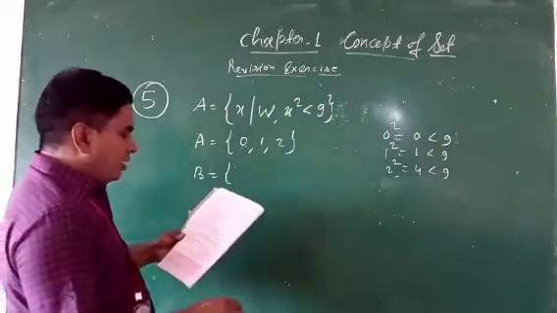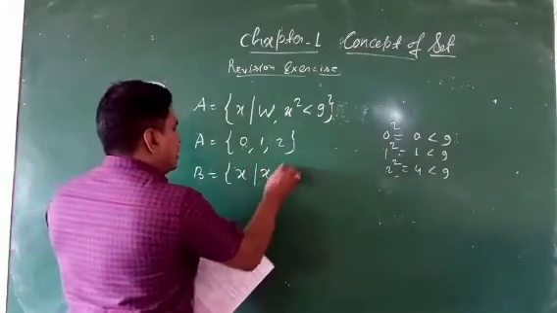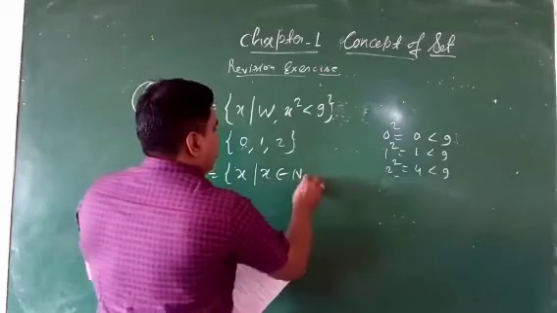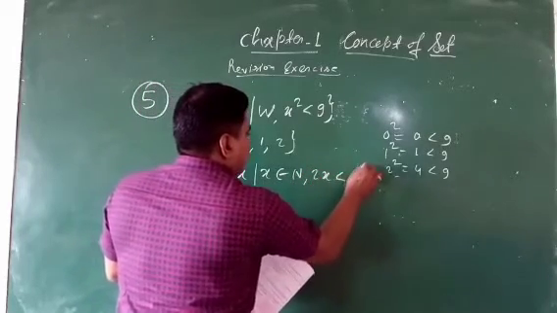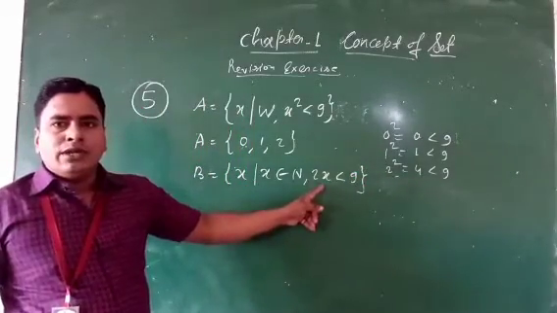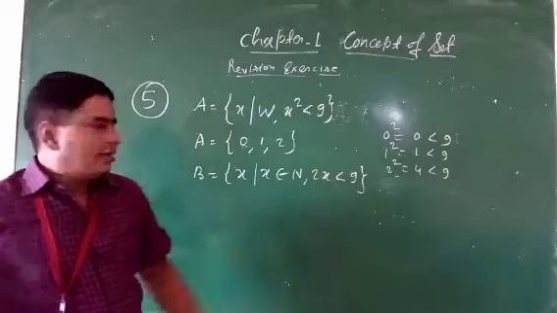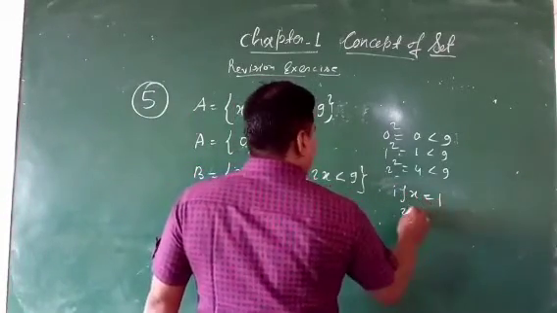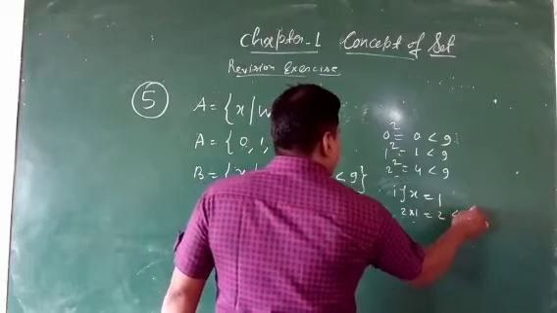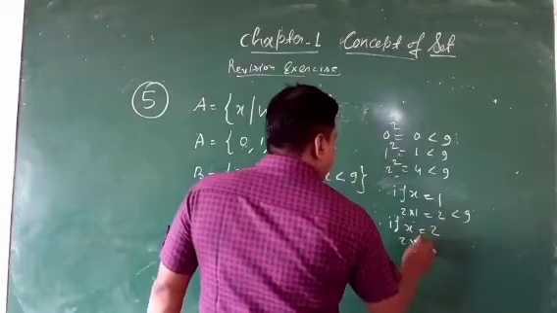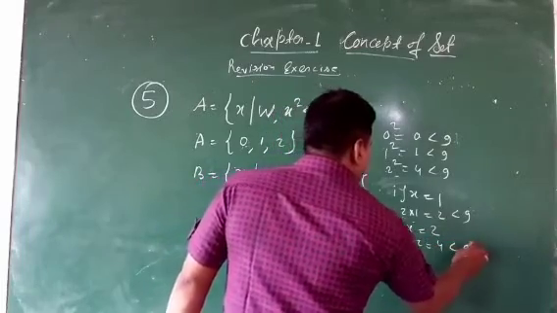Second set B is given. B is equal to {x such that x belongs to natural number where 2x less than 9}. Now here we will put the values of natural numbers which satisfy this condition. If x is equal to 1, 2 into 1 is 2, less than 9. If x is equal to 2, 2 into 2 is 4, less than 9.